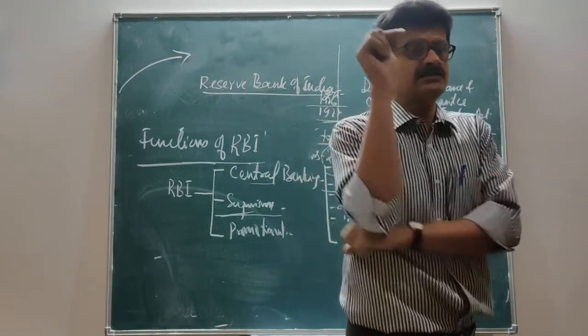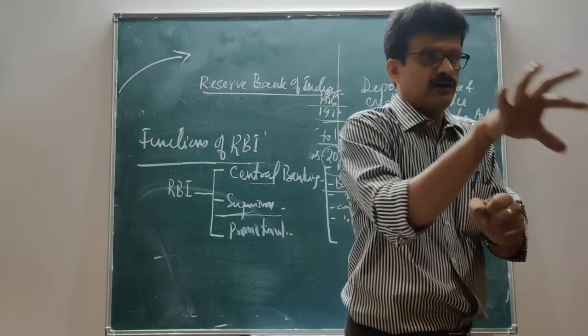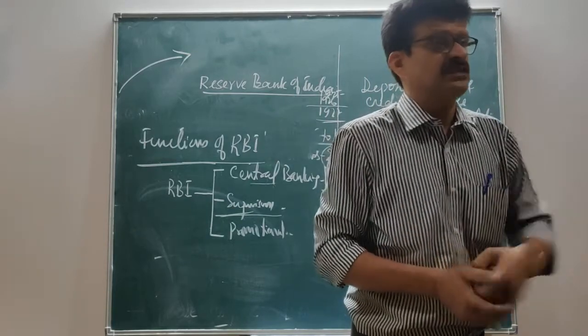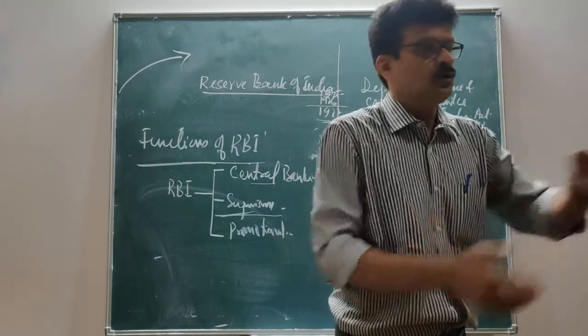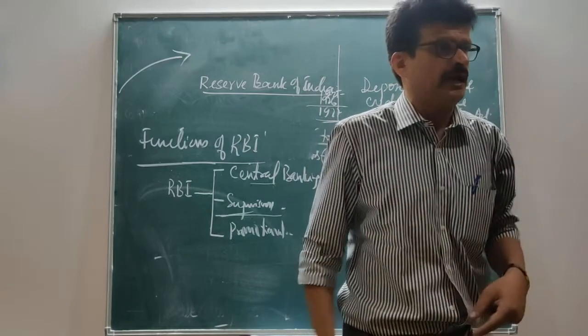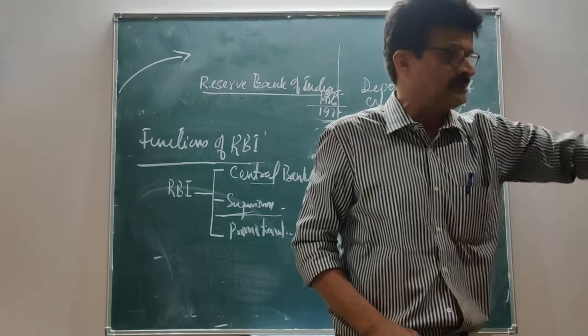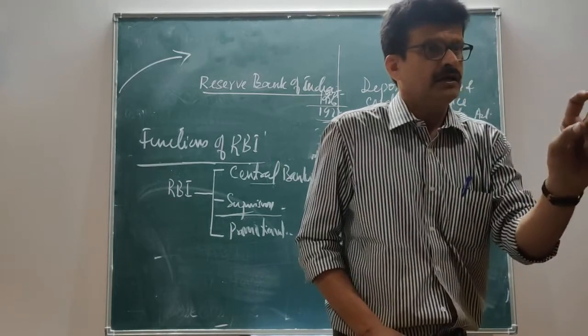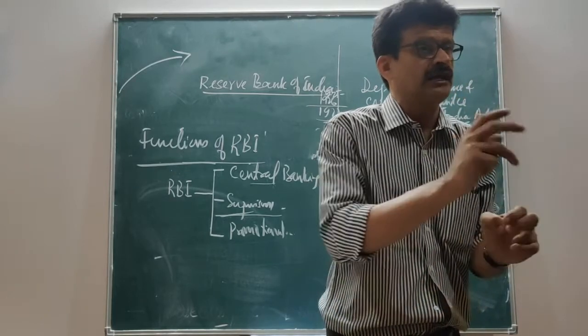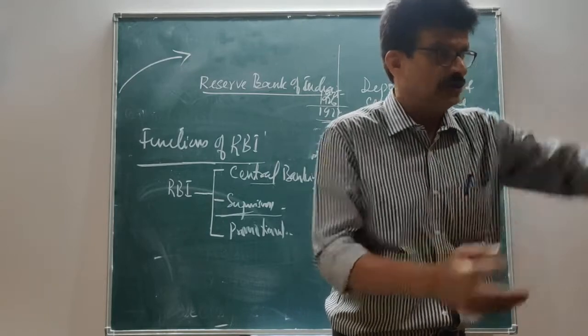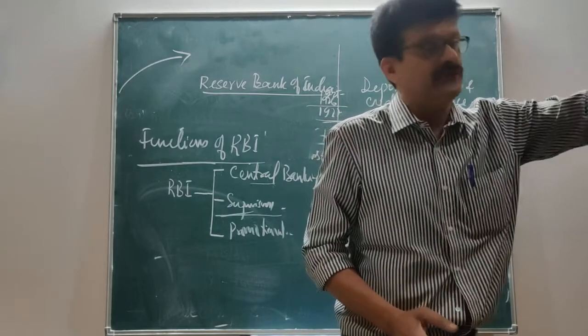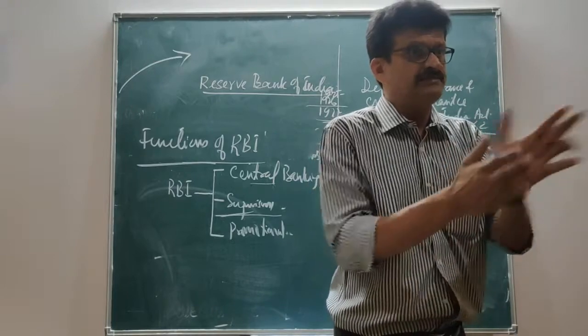The Apex Bank will lend to various district cooperative banks, which will in turn supply it to primary credit societies or rural credit cooperative banks. So they are made available with money in case they are finding themselves short of money.